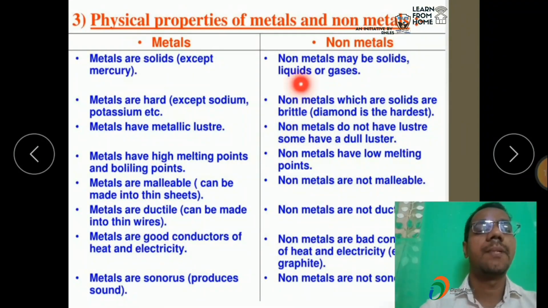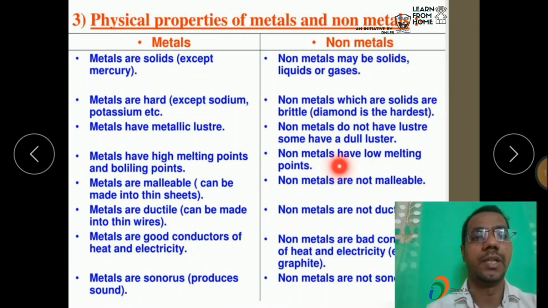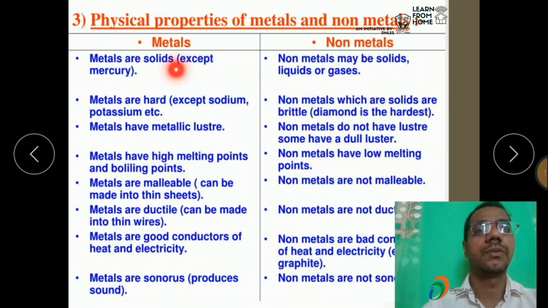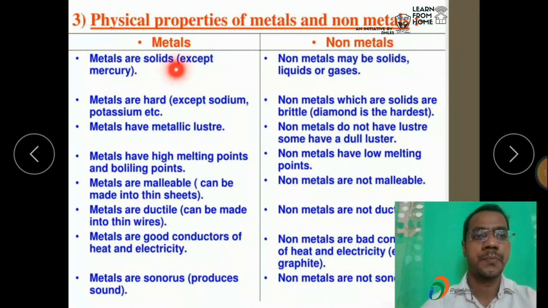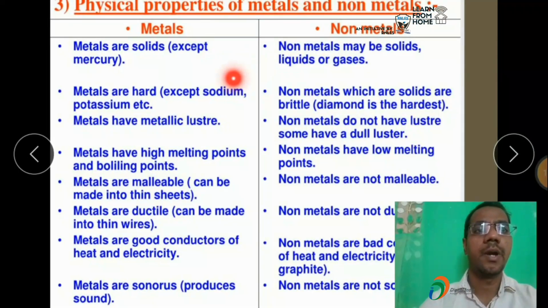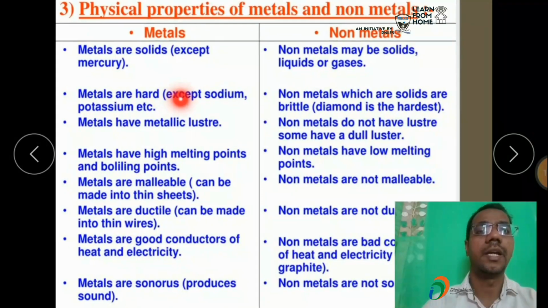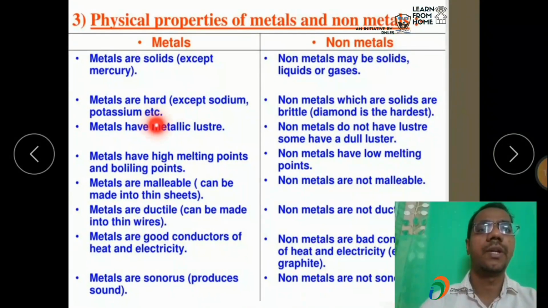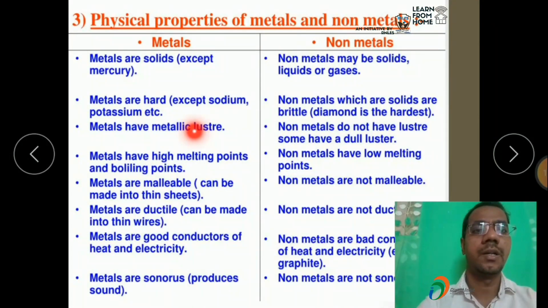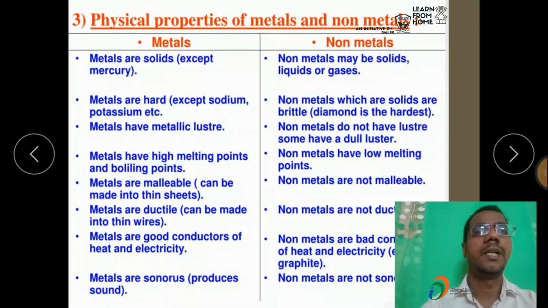If they are liquid, the boiling point decreases, and those in the gaseous state have a very low melting or boiling point. Understood? So the first point is physical state, second is hardness, third is metallic luster, and next is melting point.